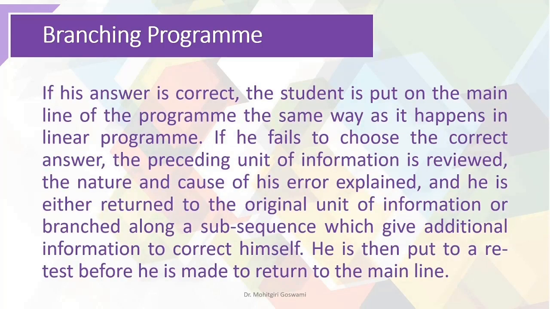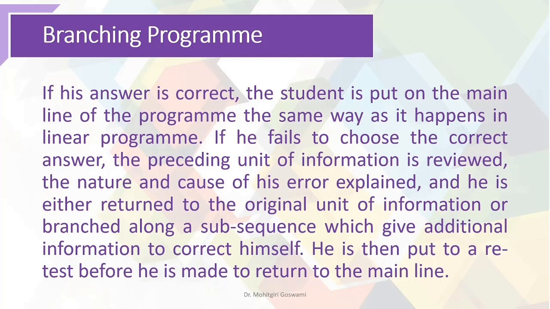If his answer is correct, the student is put on the main line of the program the same way as it happens in the linear program. But if he fails to choose the correct answer, the preceding unit of information is reviewed, the nature and cause of his error explained, and he is either returned to the original unit of the information or branched along a subsequence which gives additional information to correct himself.